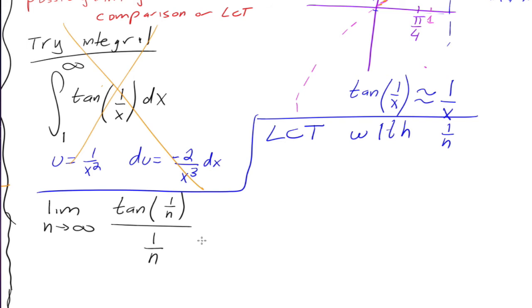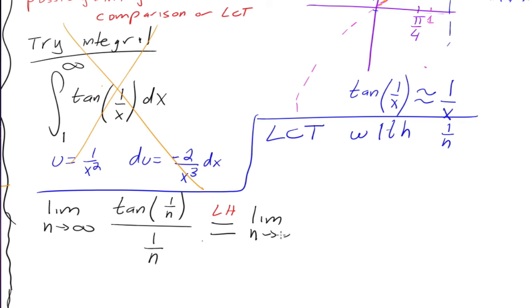What is this equal to? This is 0 over 0, right? So we can use L'Hopital's rule. I'm hoping this works because I'm out of ideas.